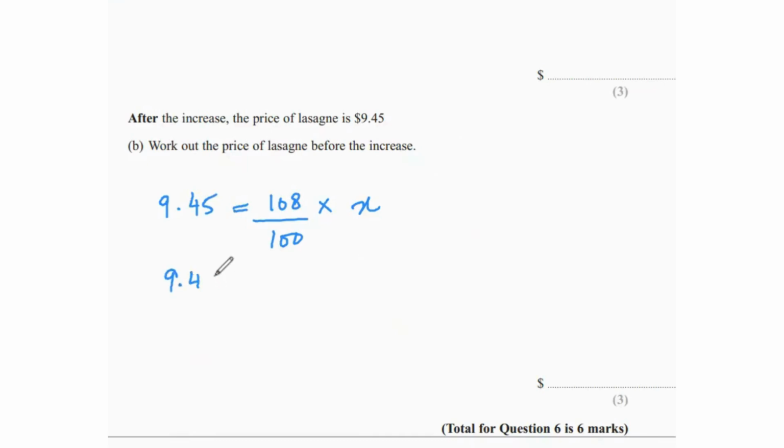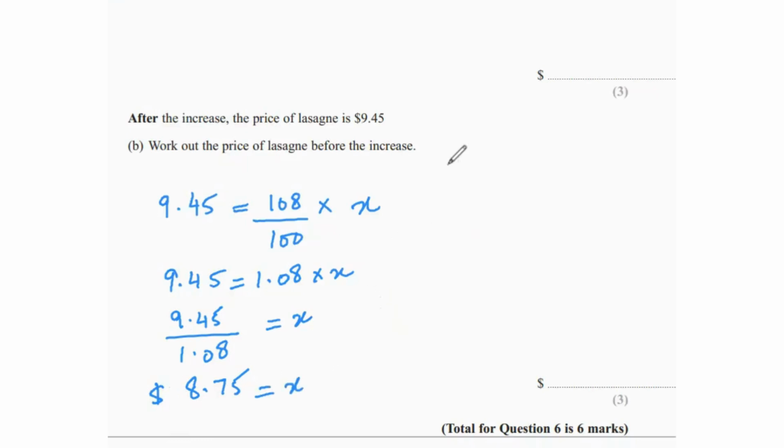So 9.45 equals 1.08 times X, and then 9.45 divided by 1.08 is going to give us $8.75. This is your price of the lasagna before the increase.